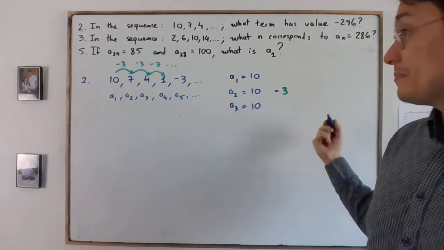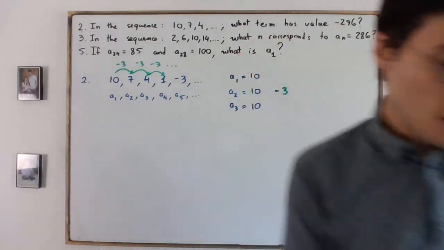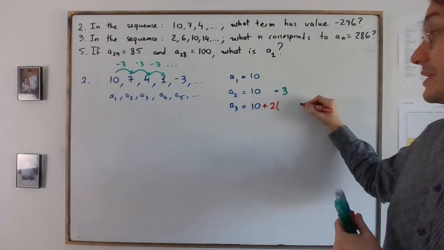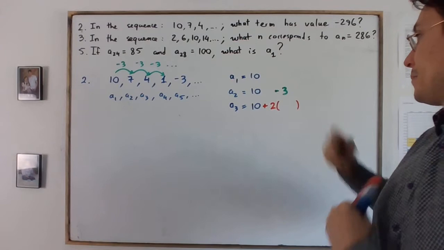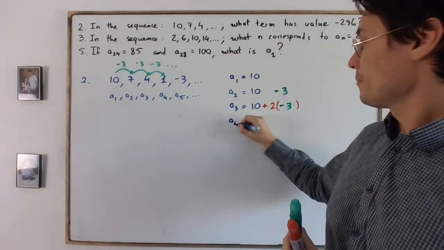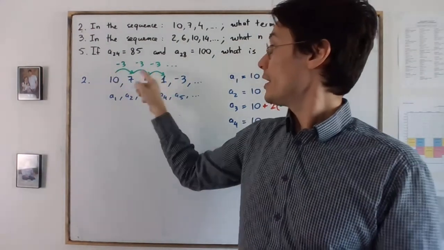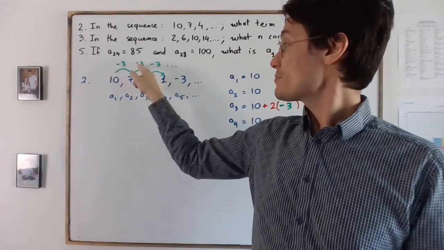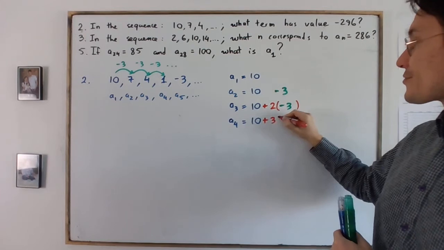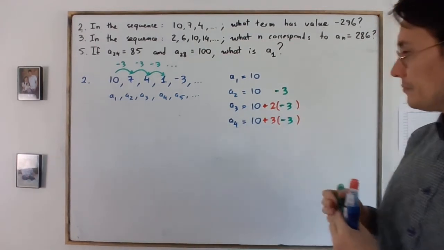You're going to have 10, and then you're going to subtract twice -3, right? So one thing I will write here is +2 times -3. And then to get to A4, you will have 10, and you are subtracting 3 times 3, right? So in other words, you're adding 3 times the -3.